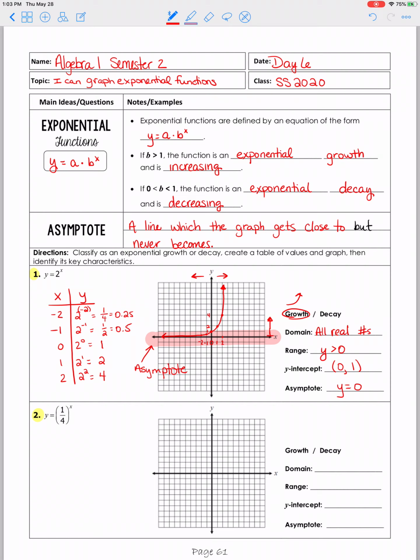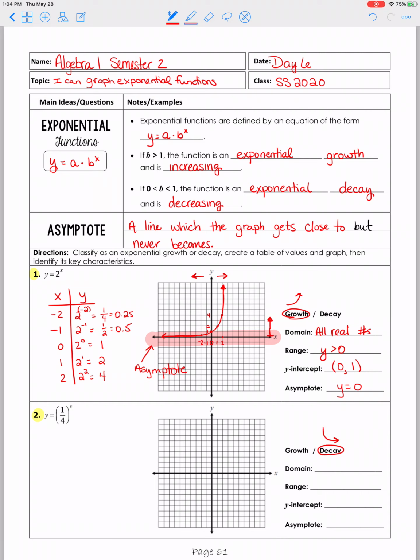All right, let's try another example. This is example number 2. The first thing we want to decide is if this is exponential growth or exponential decay. In this equation, we have 1/4 as our base. 1/4 is between 0 and 1, so this means we have exponential decay.